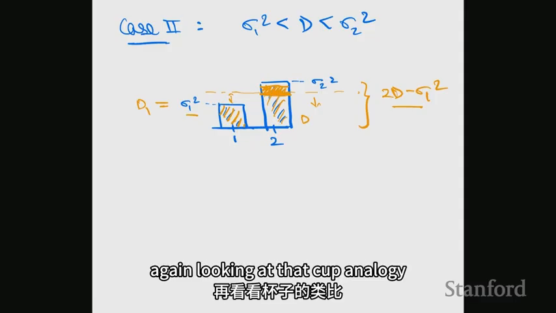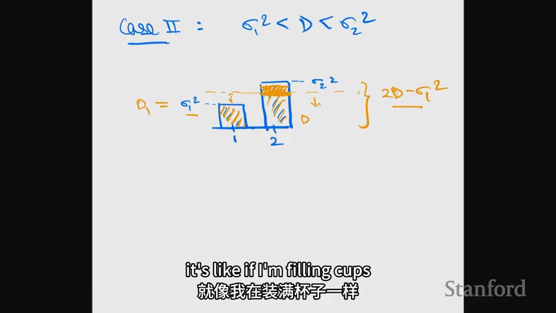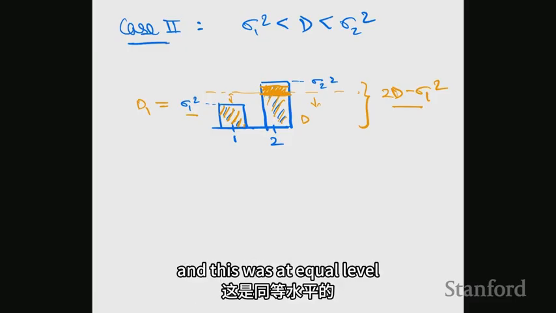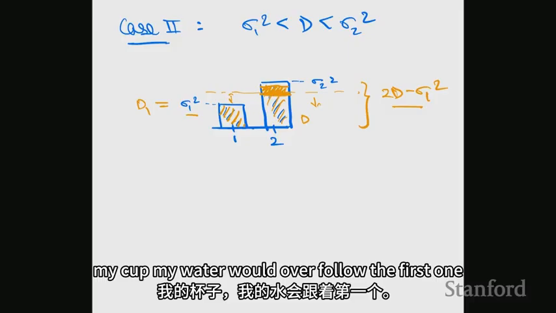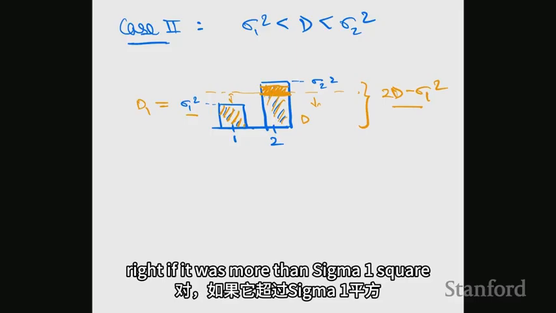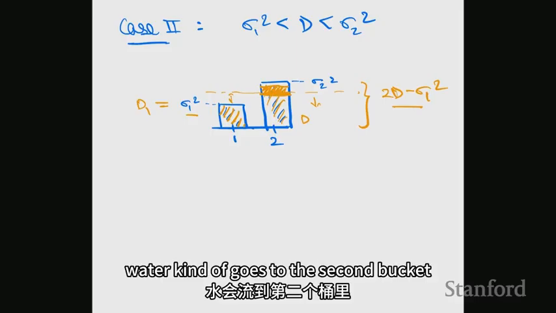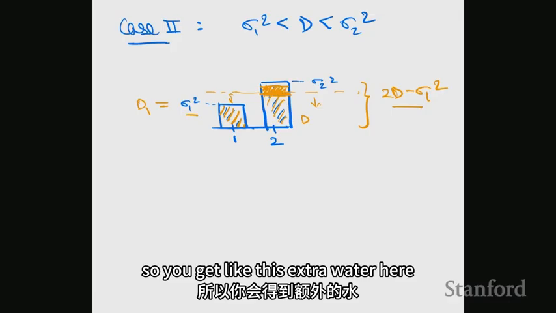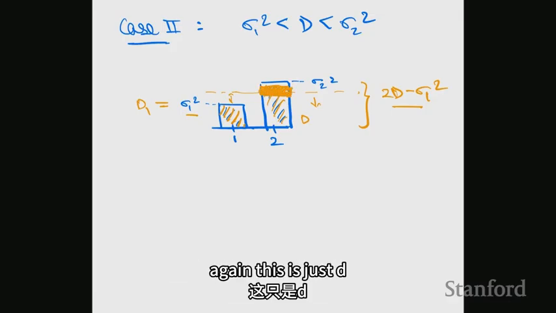Again, looking at that cup analogy, if I'm filling cups and this was at equal level, my water would overflow the first one, right? If it was more than sigma 1 square, that overflown water goes to the second bucket. So you get this extra water here in the second bucket. Again, this is just D, this level here.